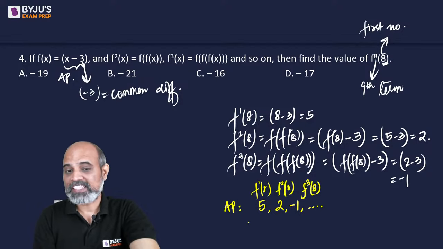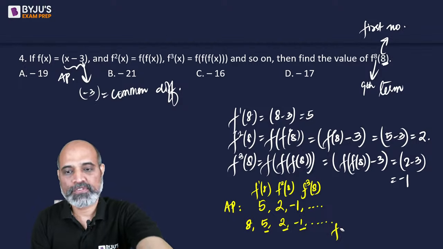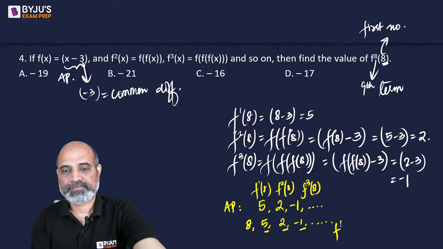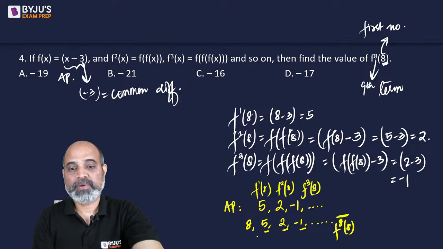But if we take the first term as 8, then the series becomes like this. And this is the first, this is the second, this is the third, and if you need to find out f of 8 of 8, this will be nothing but the 9th term from the beginning, right?